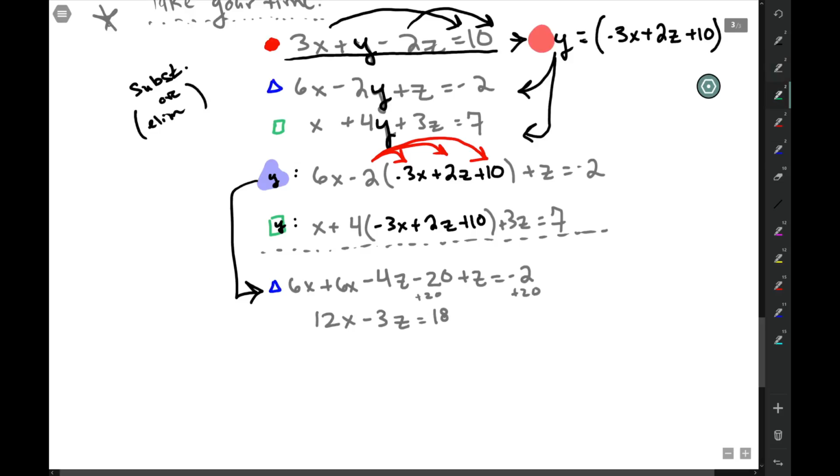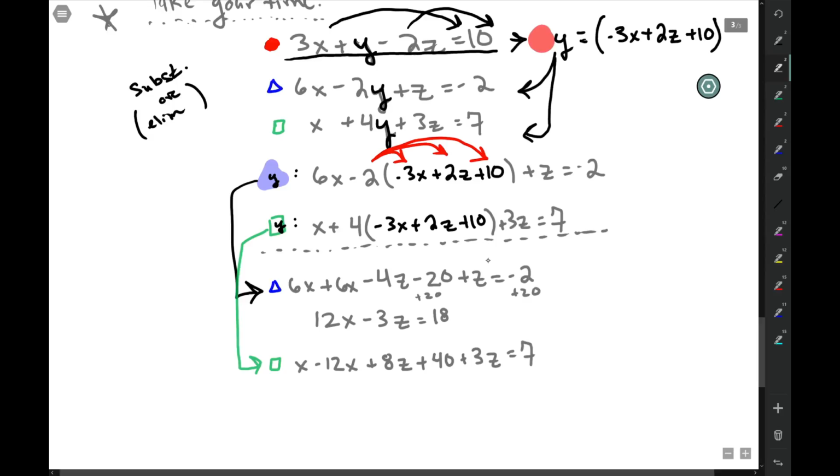Now let's look at square. Alright, x plus 4 times -3. So it's actually minus 12x plus 8z plus 40 plus 3z equals 7.